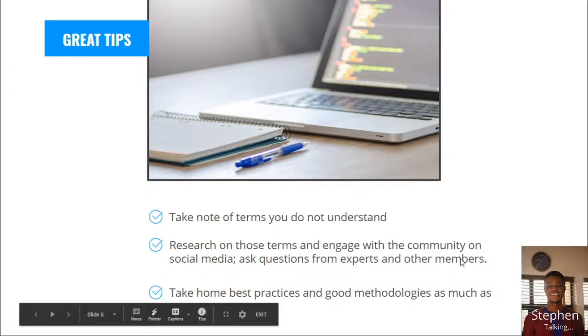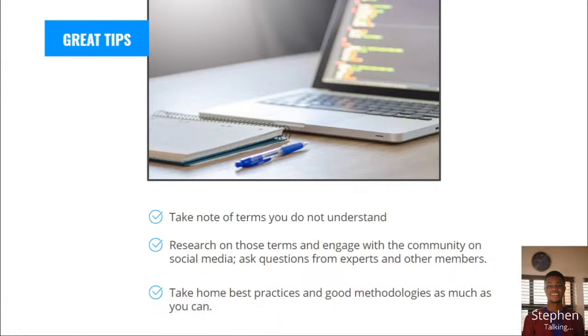So ask questions from experts, other members. The community is so active on social media, Twitter and all of those. You can tweet at people with questions on terms you've gotten and you probably don't understand from here, and they'll be able to help out a whole lot.